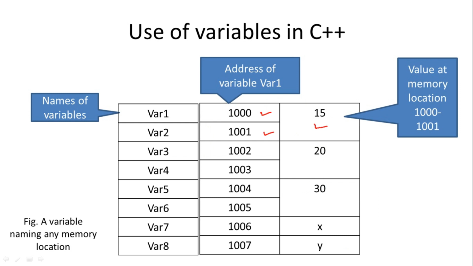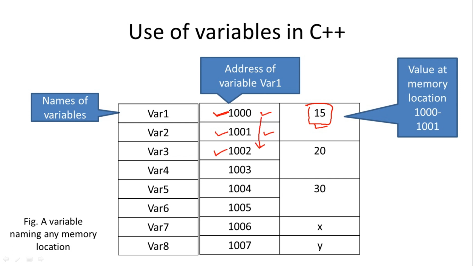We have seen that 15 is an integer, and an integer will require 2 bytes for storing the data. So in memory, at each location 1 byte is saved. For example, at location 1000 one byte will be saved, at 1001 the next byte will be saved, at 1002 the third byte will be saved. So it is a set of contiguous bytes.